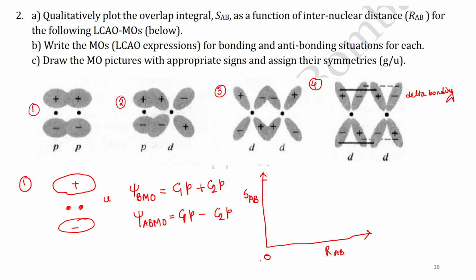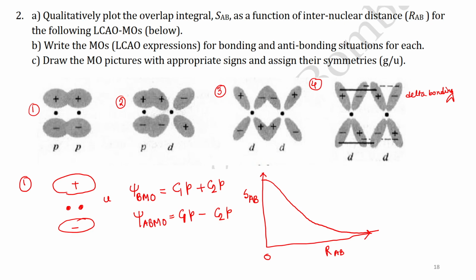Now when the internuclear distance gets higher, the overlap is going to get smaller and smaller, so it will decrease, actually in an exponential manner, like this. At infinite internuclear distance, the overlap is going to be 0.